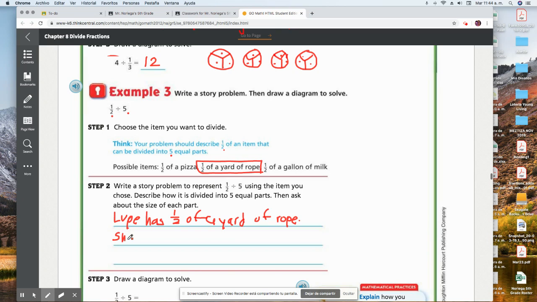She divides it into 5 equal pieces. How many?